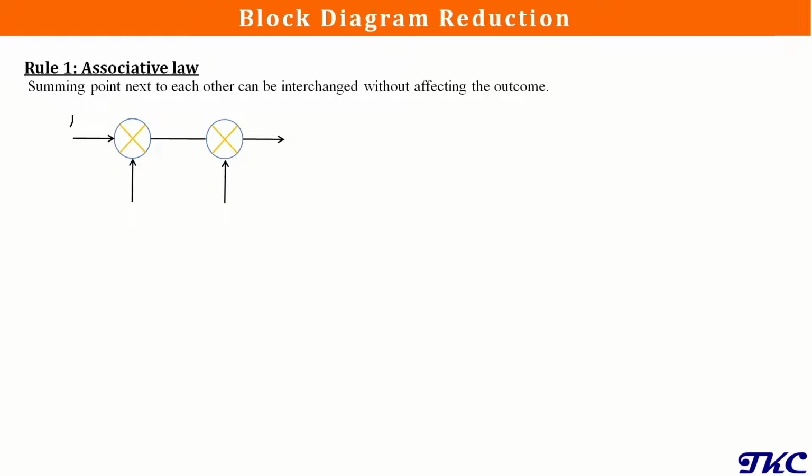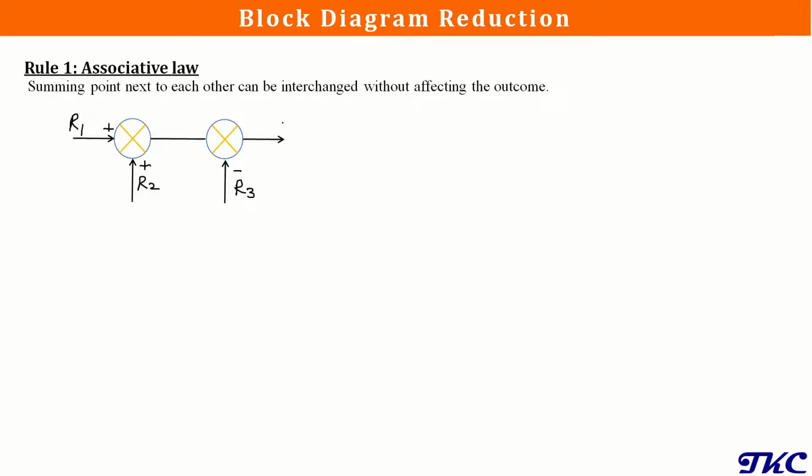Suppose this is the input coming to the summing point, and we have input R1. Then another input coming to this summing point, say it is R2. The signal R1 is a positive signal and R2 is also a positive signal. Similarly, the next summing point has an input, say R3, which is a negative signal.